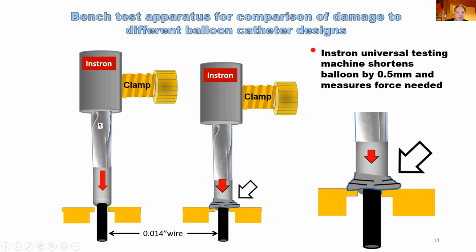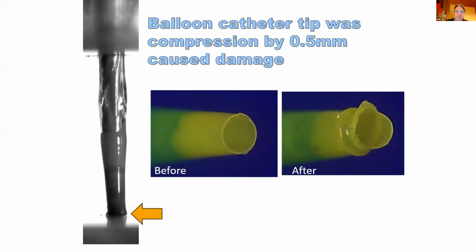So here we have the Instron, the balloon, wire through the hole in the plate, and here we have the Instron shortening this balloon by 0.5 millimeters, and you'll see diagrammatically that the tip has been damaged. Here's a higher power picture. So the Instron was used to shorten the balloon by 0.5 millimeters and measure the force required to do that.